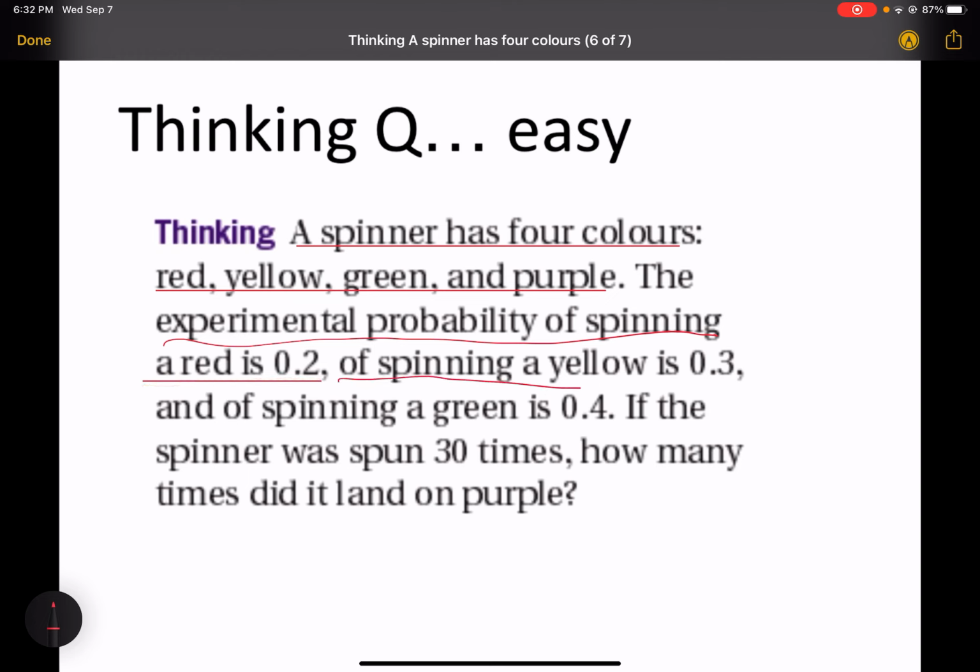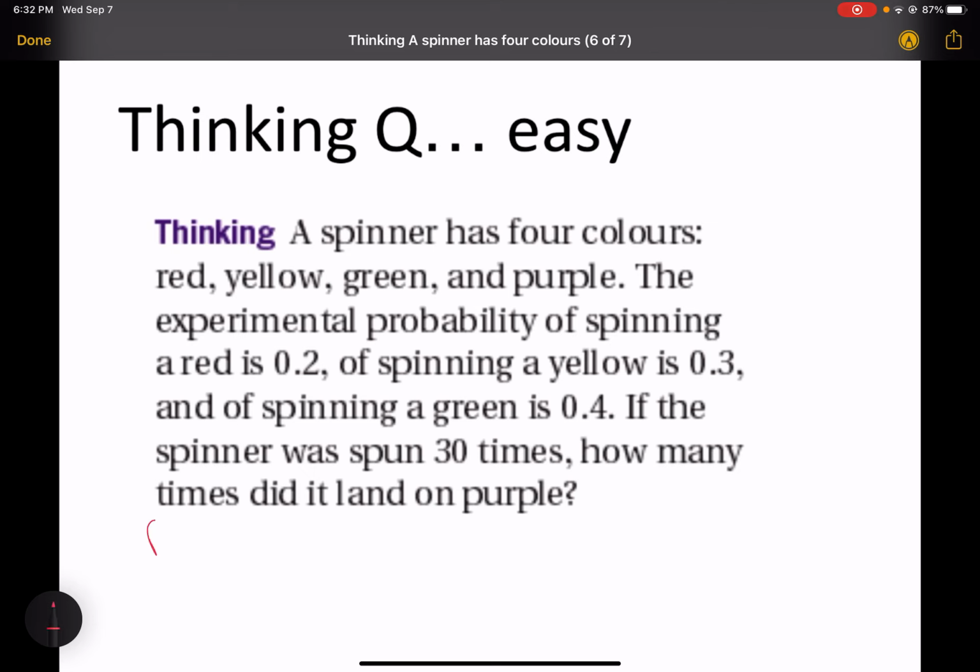Essentially, how this works is, let's say the probability of red, I know I told you letters, but for simplicity's sake, we can write a word, right?